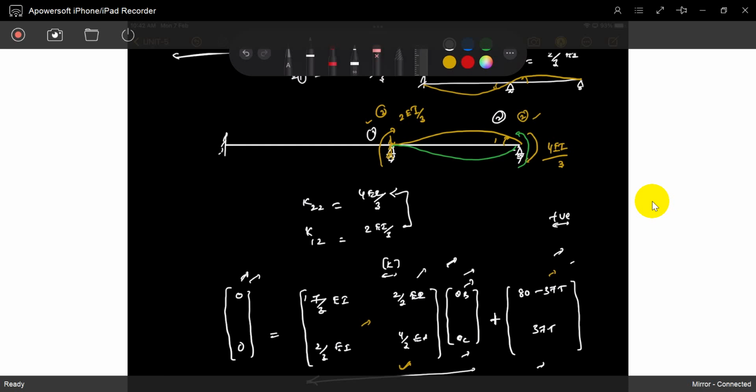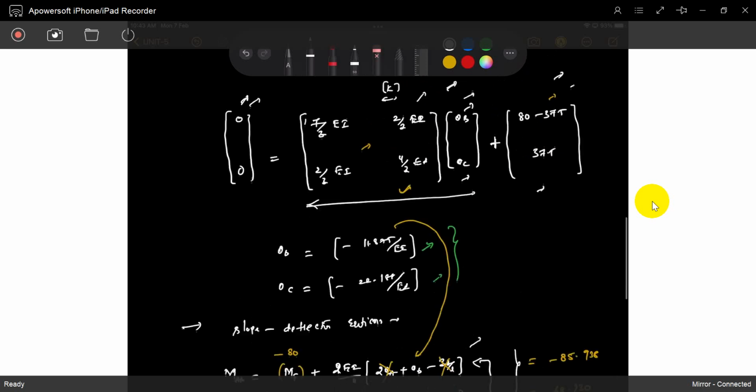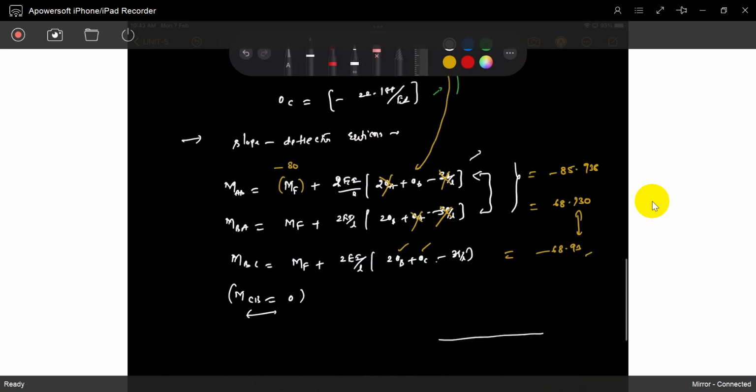I said the flexibility matrix, you can't see it anywhere because it is imaginary. You can't allow those deflections, but in an imaginary way it works, though you can't describe why. I already explained: if you apply a unit force here, how will it go?